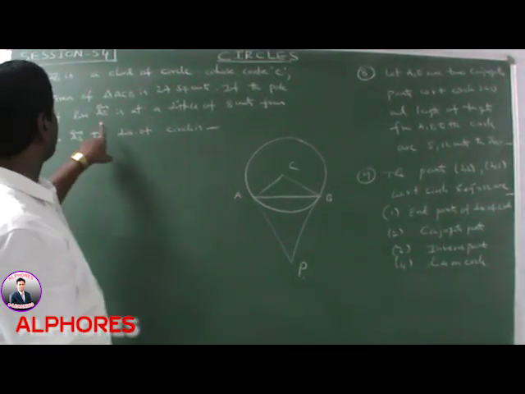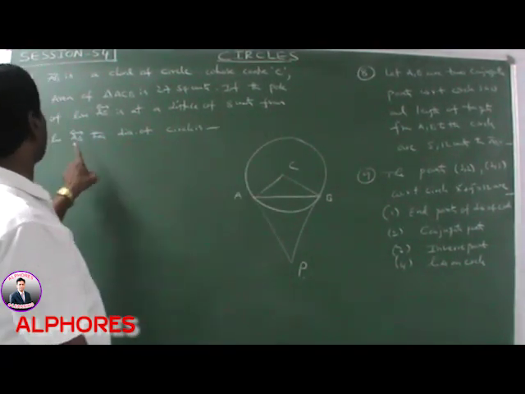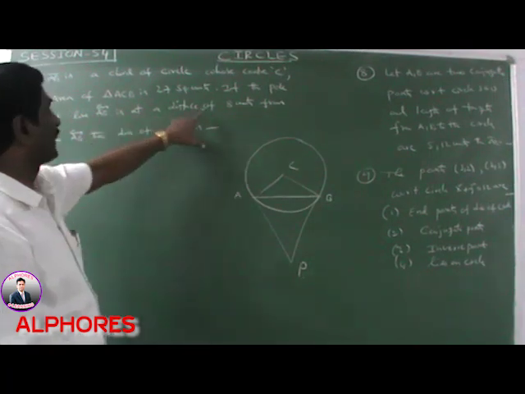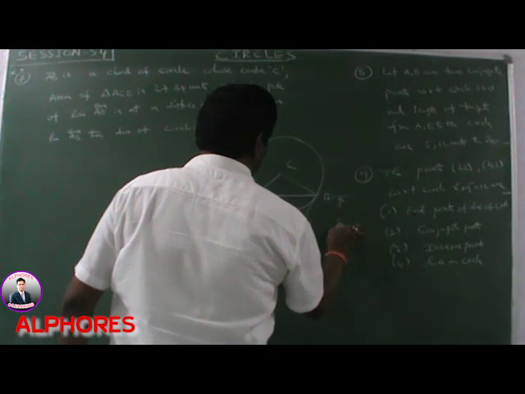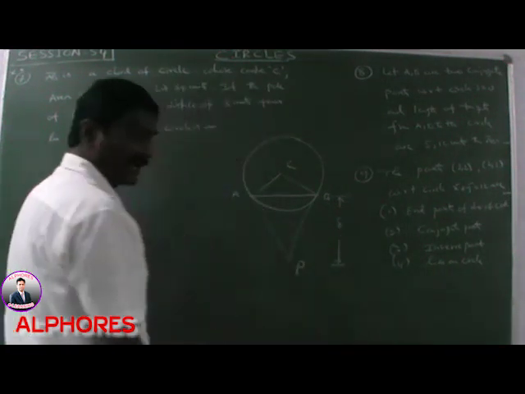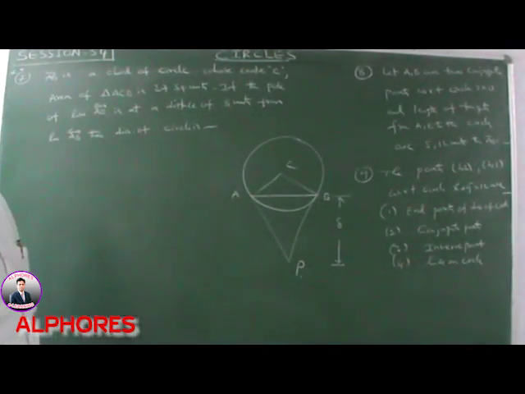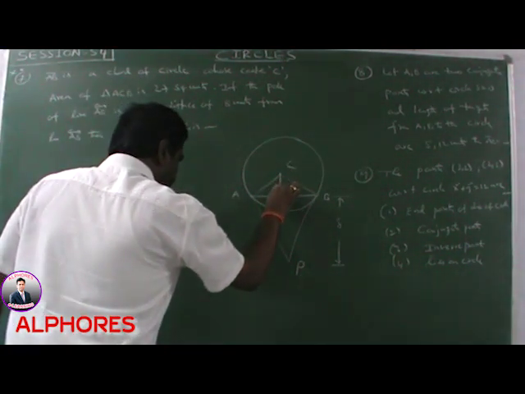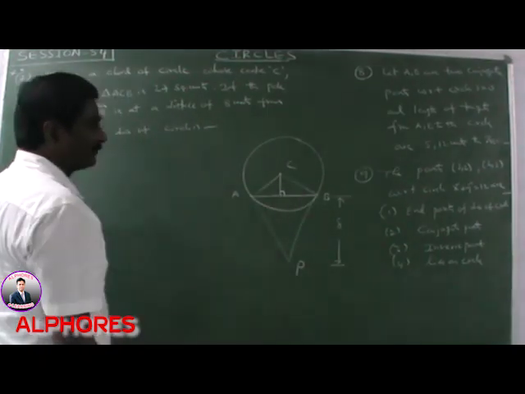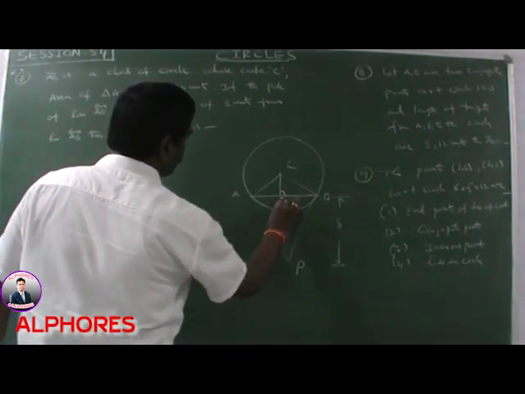Now the pole is at a distance of 8 units from the line AB. That means this distance is 8 units. It is the given condition. The required value is the radius of the circle. Say it is the perpendicular from C to chord AB, this value is d.